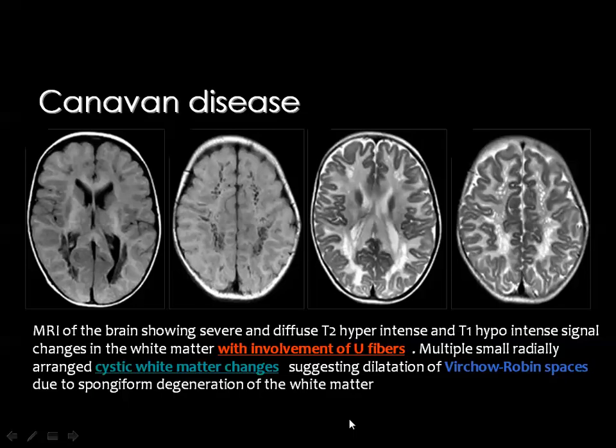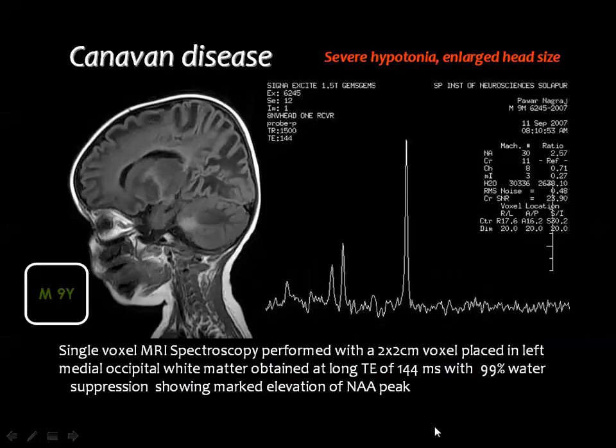But if you see here, the accumulation of NAA in the white matter will lead to cystic changes or what's known as vacuolations of the white matter, which represents dilatation of the Virchow-Robin spaces. And if you have an MR spectrum, you get marked elevation of N-acetyl aspartate, and this is almost the only disease where the N-acetyl aspartate can be elevated to such a degree.